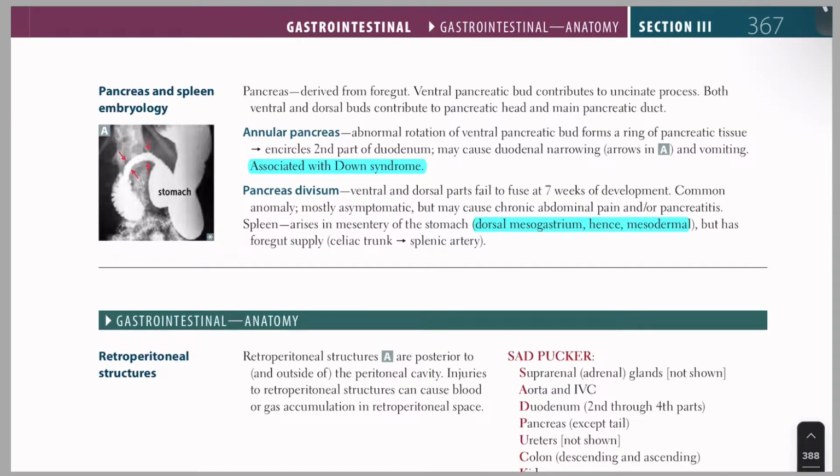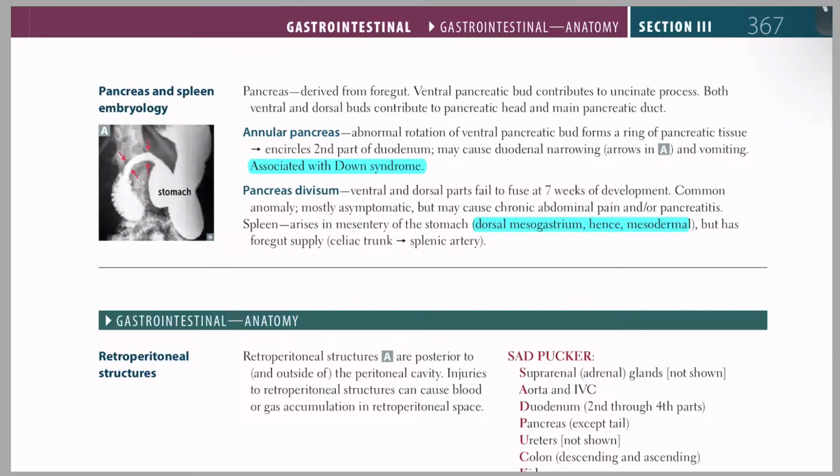Next, we are going to read pancreatic and spleen embryology. Pancreas derived from foregut. Ventral pancreatic bud contributes to uncinate process. Both ventral and dorsal buds contribute to pancreatic head and main pancreatic duct.